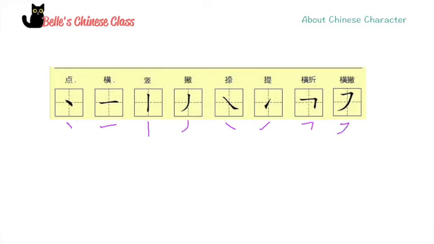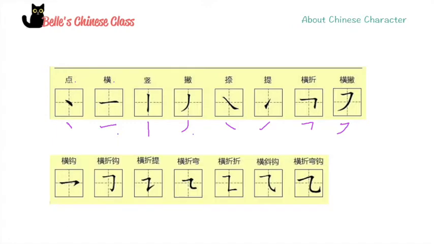This one is 横撇. Just now we learned 横 and 撇, so we just combine them together. The stroke 横撇 has some variations. Let's see. If we make the second part smaller, we have 横钩, and make it longer, we have 横折钩.